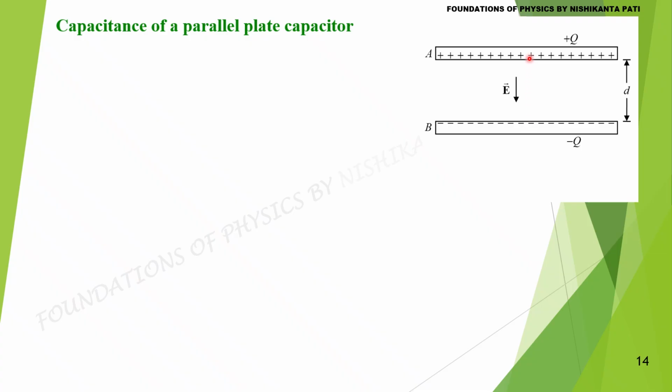This charge distribution occurs to ensure the electric field at this point inside the conductor is 0. Also the electric field at this point inside the conductor has to be 0. To ensure this, such a distribution of charge is possible.